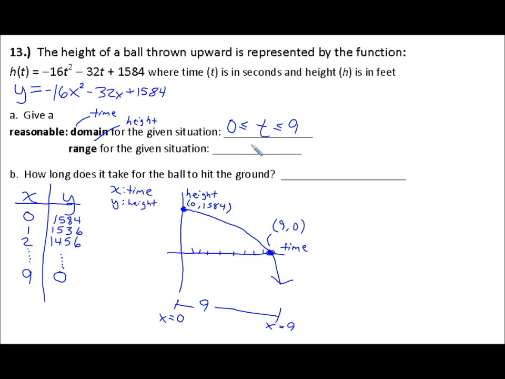And instead of using y, I'm going to just use h of t. And we need to establish a minimum and a maximum value. So the lowest y value on the function that we care to look at is 0, since the object doesn't go underground. And the highest value is actually right here at t equals 0, which is 1584.